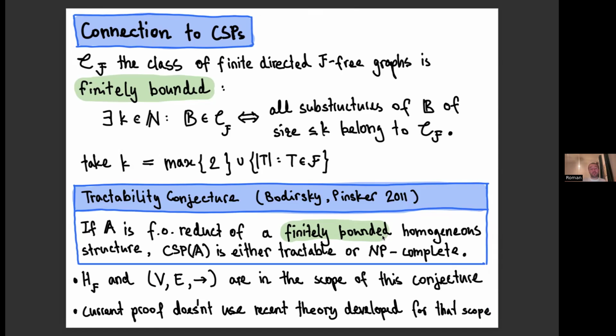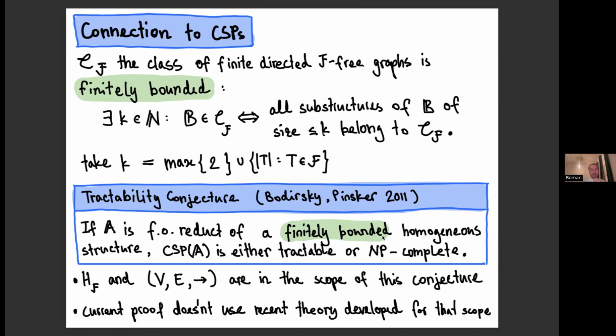And HF, and also HF together with the oriented edge, are both first order reducts of DF. So they're actually in the scope of this conjecture. You could say it's no surprise that you have such a complexity dichotomy.